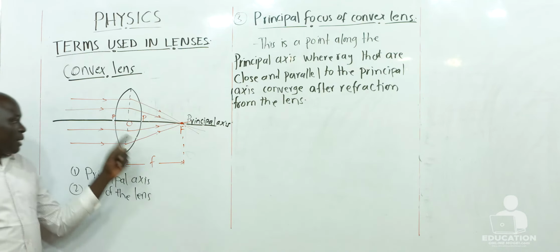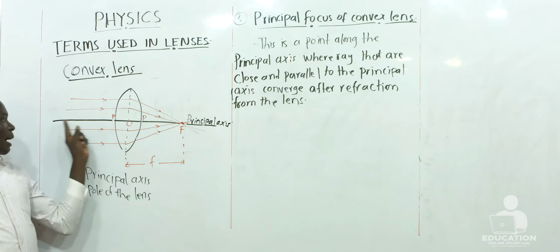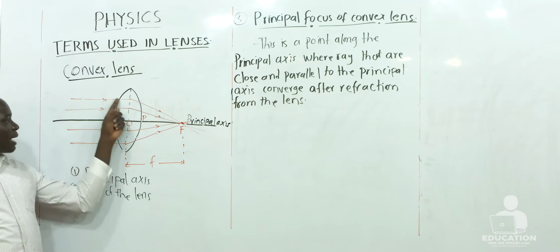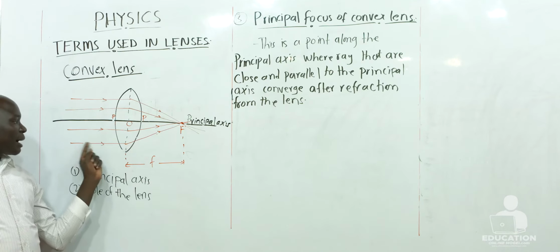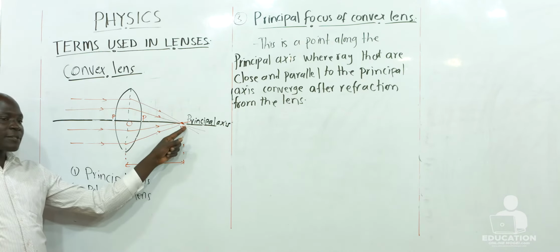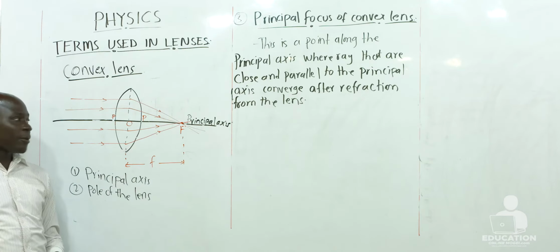So you can see it is a point along the principal axis where rays that are close and parallel to the principal axis converge after refraction from the lens.